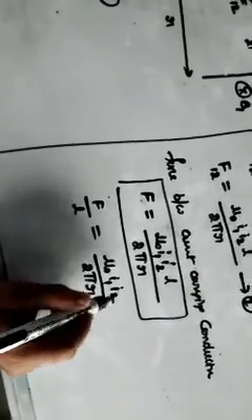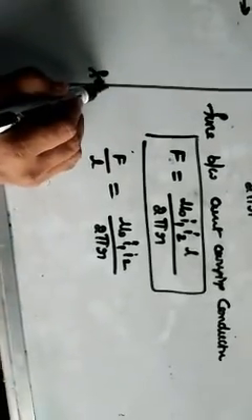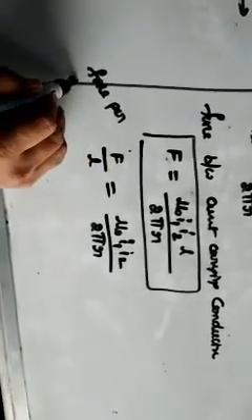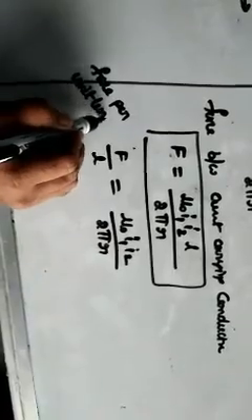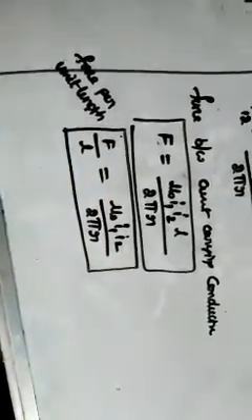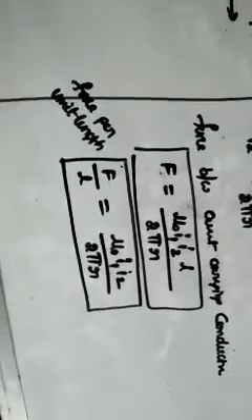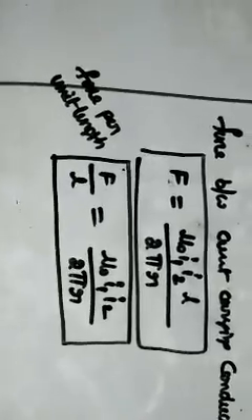That means force per unit length. This is the formula: F by L is equal to mu 0 I1 I2 by 2 pi r.